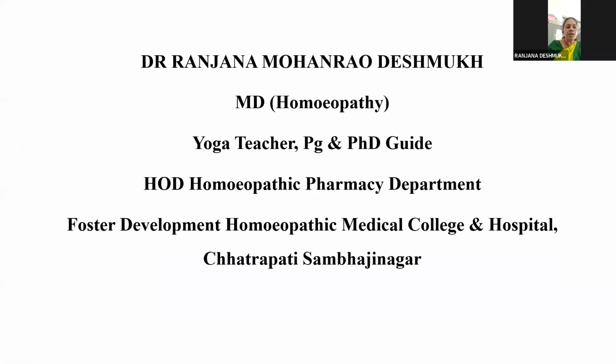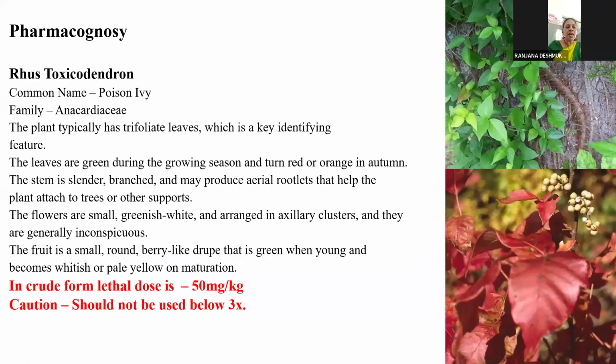We prepare medicine from the matured leaves of this plant, which have different active constituents. In pharmacognosy, we have written that the alkaloid present in leaves is in more amount than in other parts.